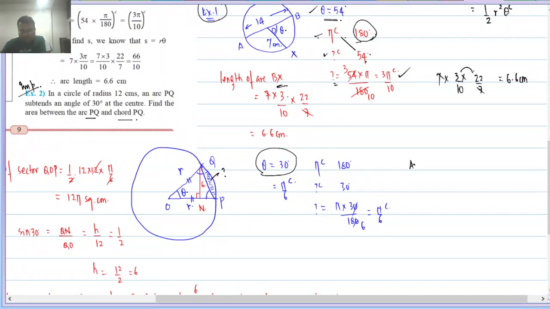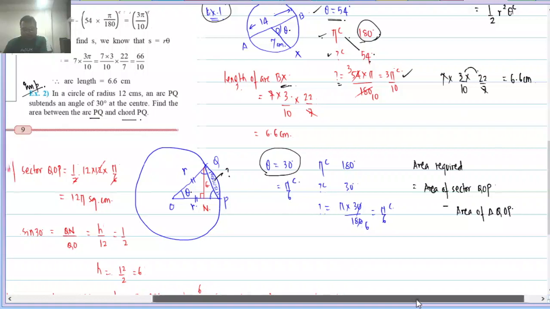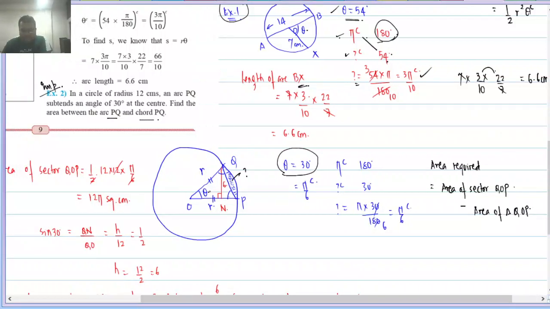So what will be that area? The area required will be the area of sector QOP minus the area of triangle QOP. Now the area of sector is very simple because the angle is given as 30 degrees, pi radians is 180 degrees.